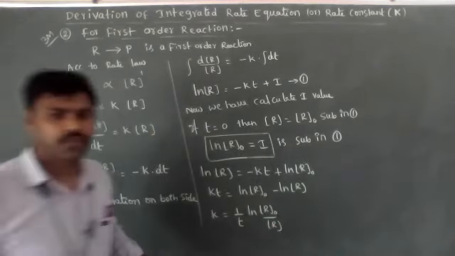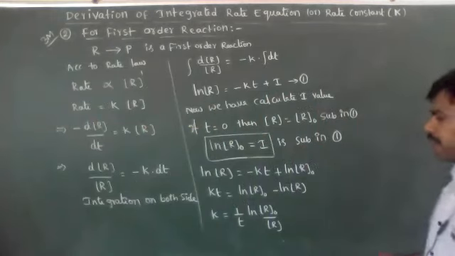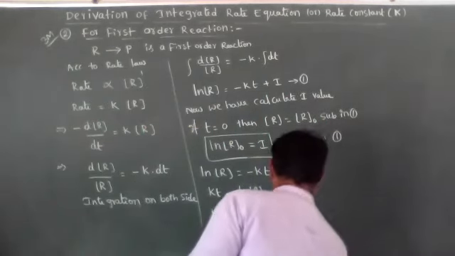If you want to convert ln into log, we have to multiply it by 2.303.